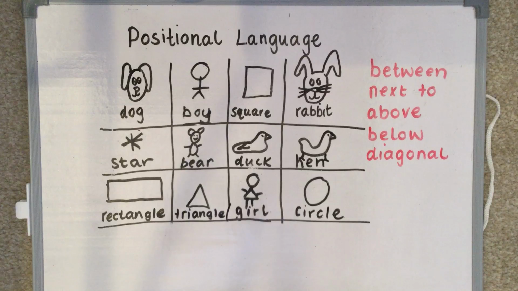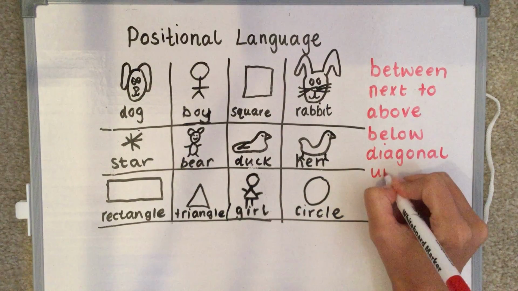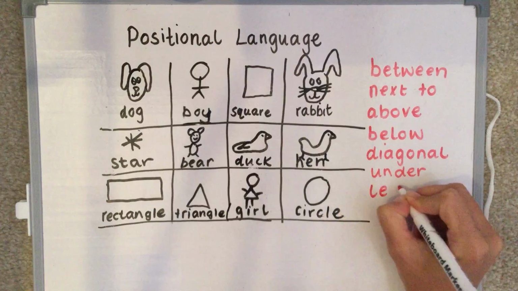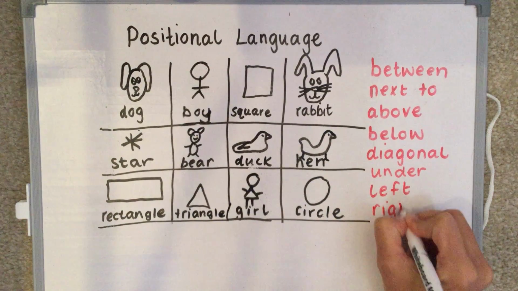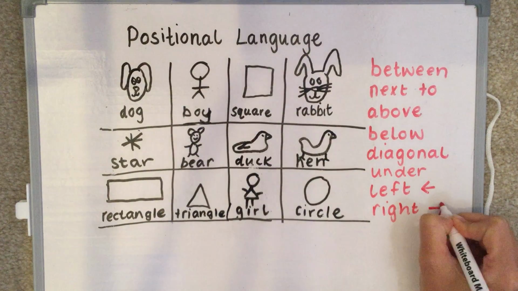Can you think of any other words that you could use? Under. And you could even challenge yourself and use the words left and right. So to the left is this way and to the right is that way.